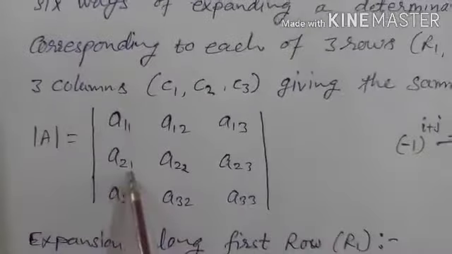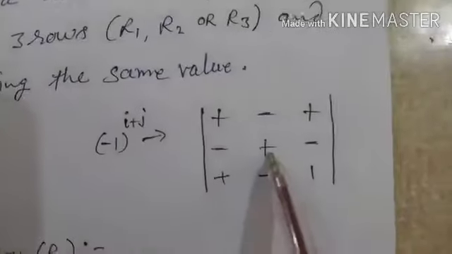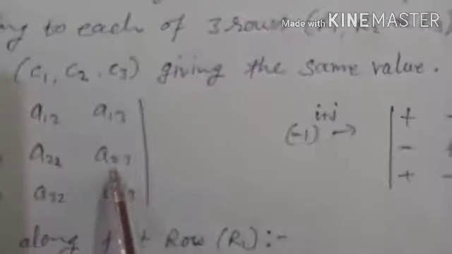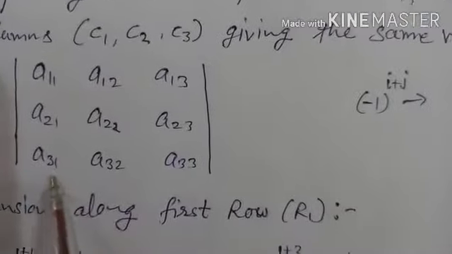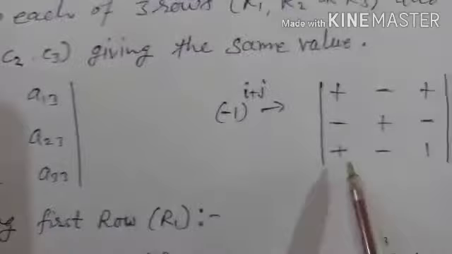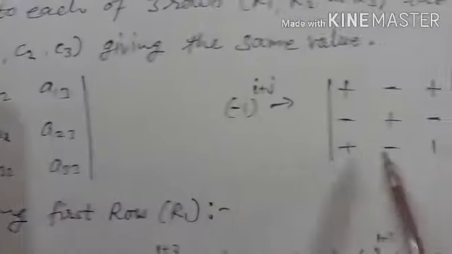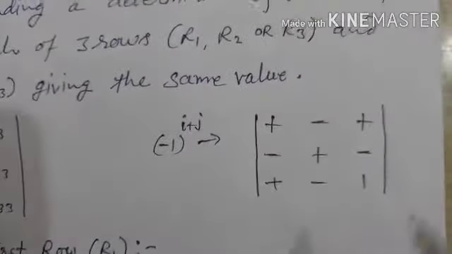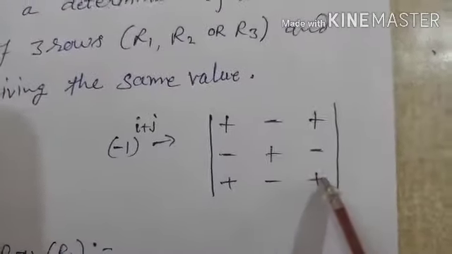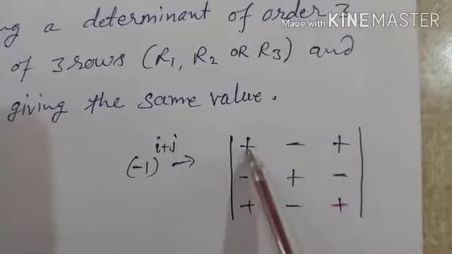Let's see here: 2 plus 1 is 3, so it will be negative. 2 plus 2 is 4, so it will be positive. 2 plus 3 is 5, so it will be negative. 3 plus 1 is 4, so this is positive. 3 plus 2 is 5, so it will be negative. And last, 3 plus 3 is 6, so positive. So the signs alternate: plus minus plus, minus plus minus, plus minus plus.